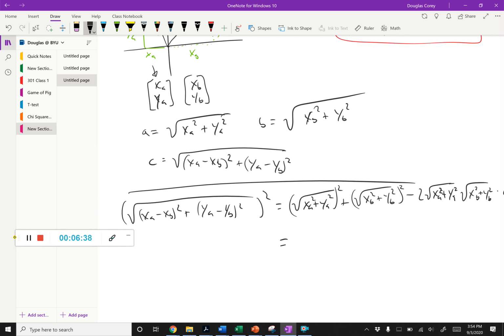All right, now let's simplify some things and see where that gets us. Here the square root and the squared will cancel out, square root and squared, square root and squared. So we can start writing those out.